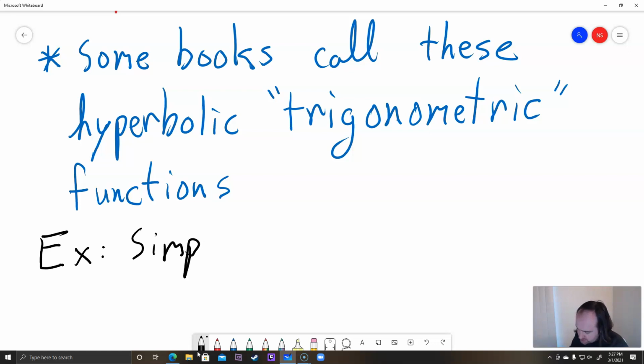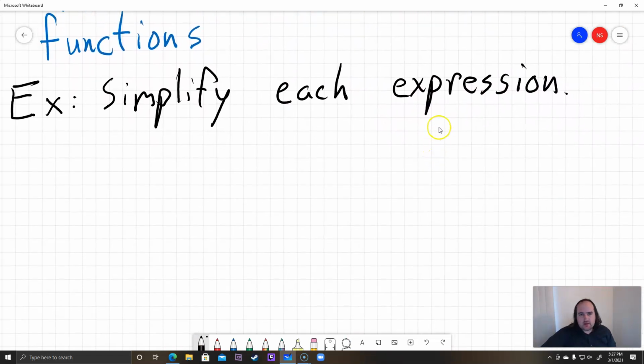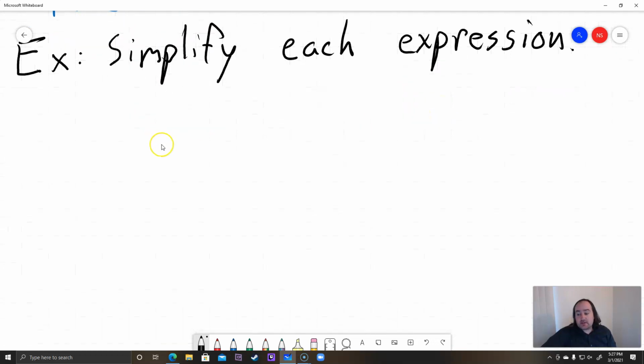Simplify each expression. So for your homework, called Derivatives of Hyperbolic Functions, the first thing you're going to be doing is actually not derivatives, but simplifying expressions, like what I'm doing here.